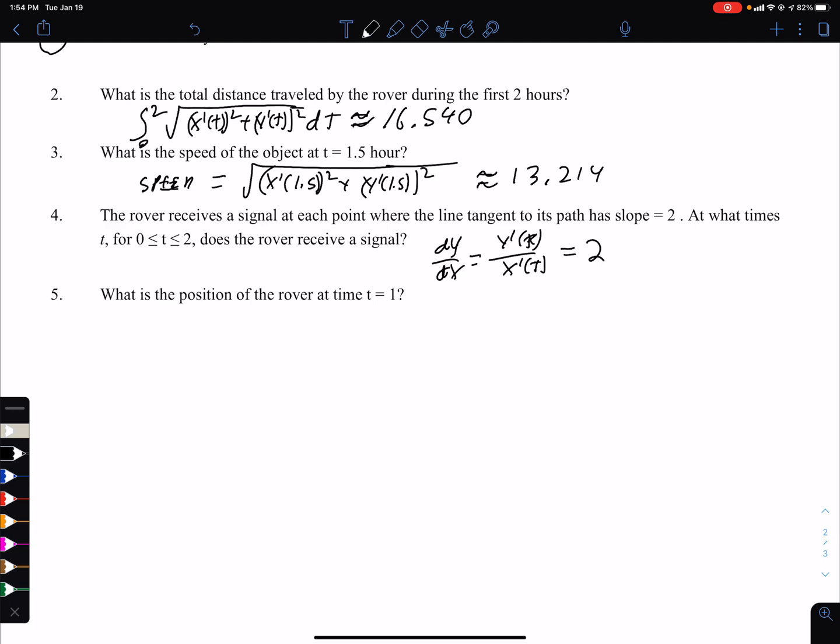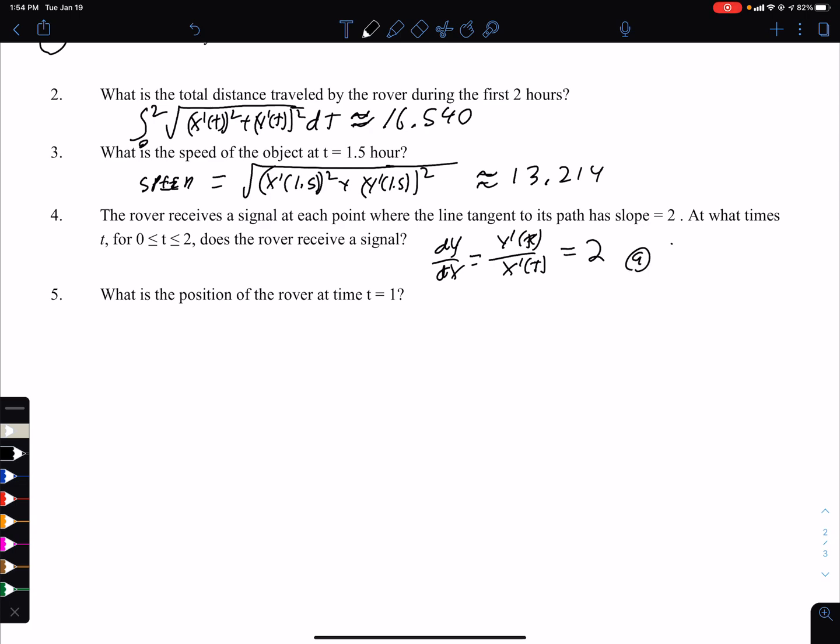You can graph these in your calculator. Graph 2 and find where this divided by this equals 2. You're going to find 2 points between 0 and 2.